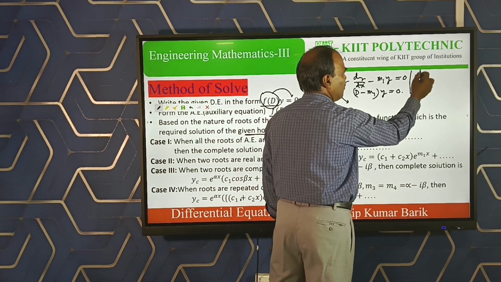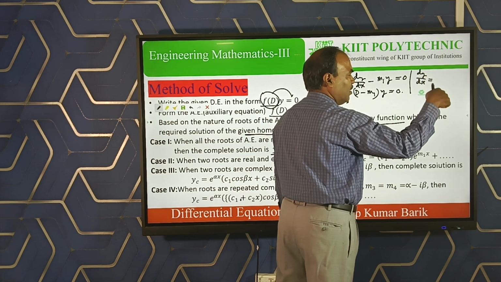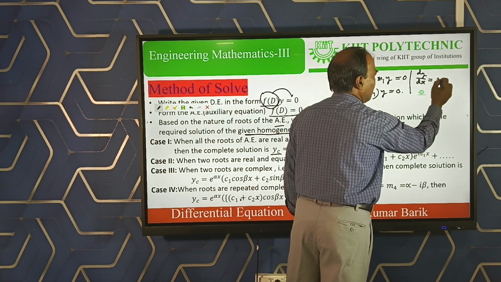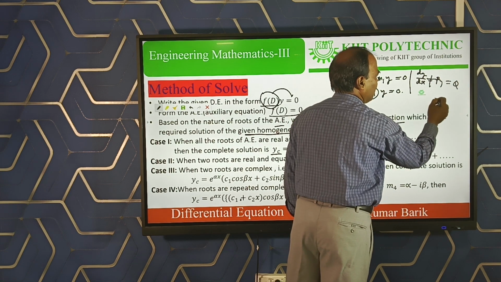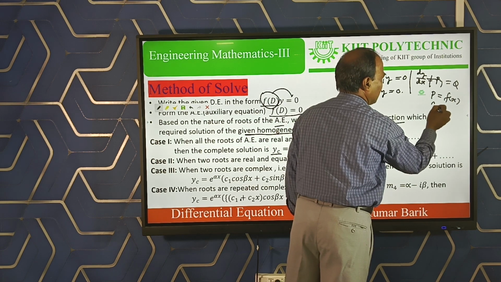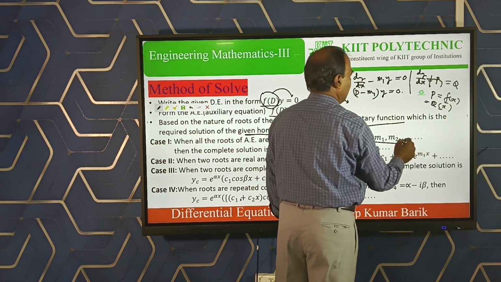Clearly this is the general form of a linear differential equation, which we already discussed in the last class. This is nothing but dy/dx plus py is equal to q, where p and q are both functions of x.